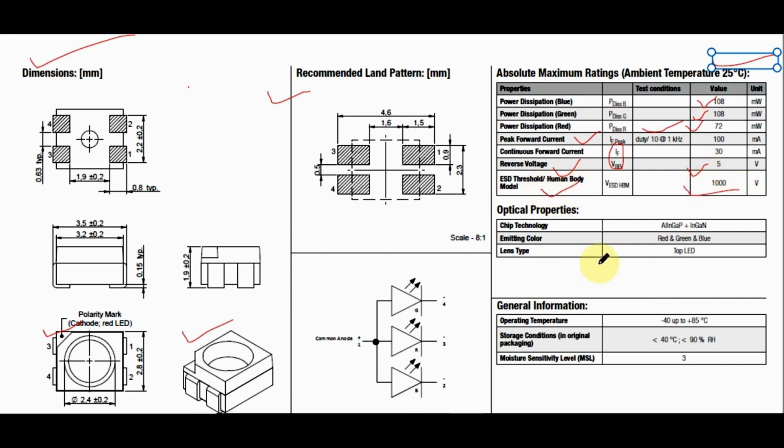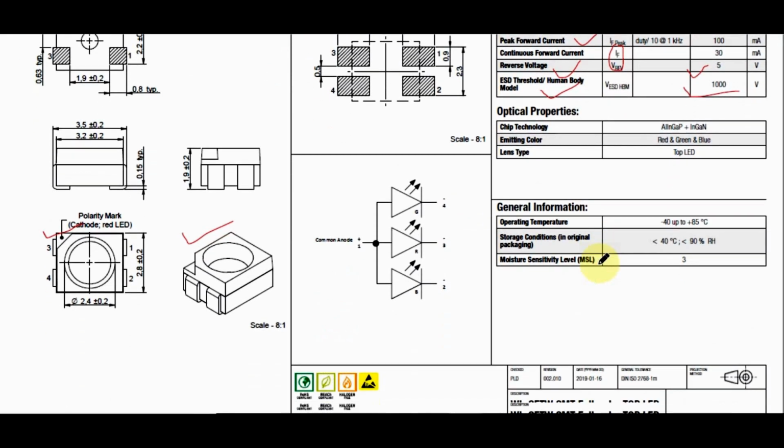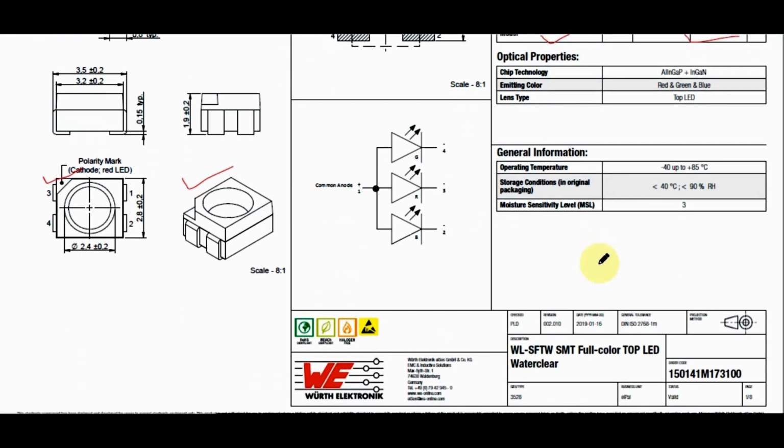Now let's have a look at the parameters. This is optical property, we are not going to discuss it in this lecture. This is general information. The operating temperature is minus 40 to 85 degrees centigrade. Storage humidity is this, and moisture sensitivity level is 3. Operating temperature is the only one important for us.